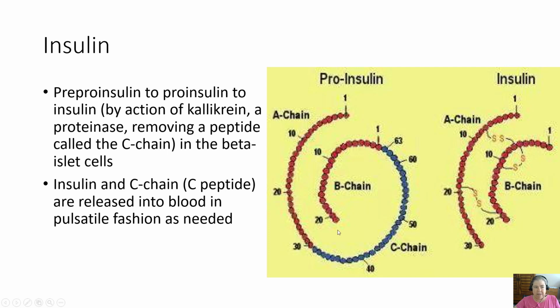And then you have proinsulin, and the proinsulin joins by sulfide bonds into this polypeptide containing an A chain and a B chain. The C chain is released into the circulation. So this is all happening in the pancreas. They are released into the bloodstream as needed in a pulsatile fashion.